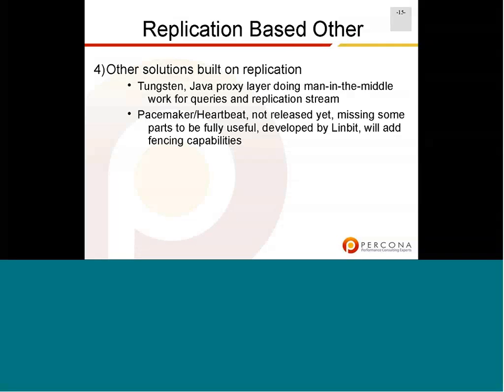There's been some talk with Linbit. They have developed a way to manage replication with Pacemaker and Heartbeat. It's very cute, but right now there are some small features that are still needed that once they are there, it would be awesome. If a slave lags too much, there's no way in Pacemaker to just disable it for some time.